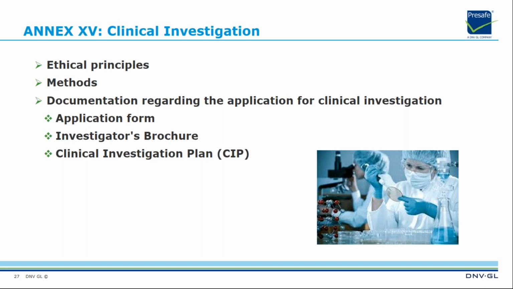Annex 15 is about clinical investigation. In this annex, ethical principles are described, because investigation can be done on human persons, so it must follow some ethical principles. There are also methods that can be used for clinical investigation and can be acceptable.